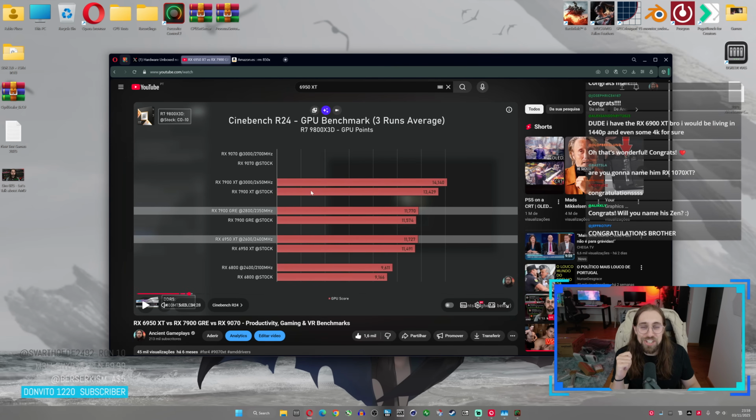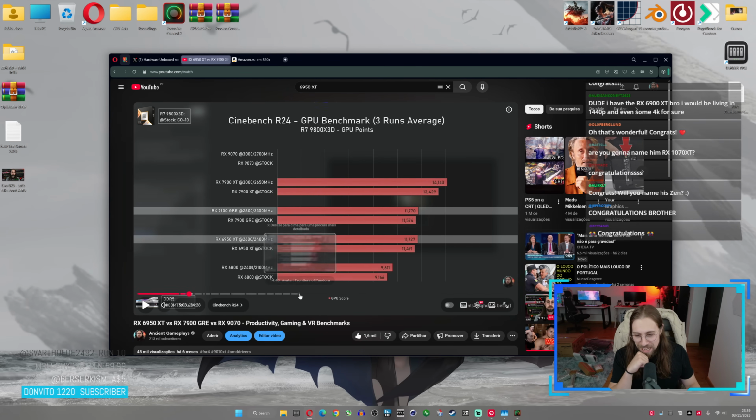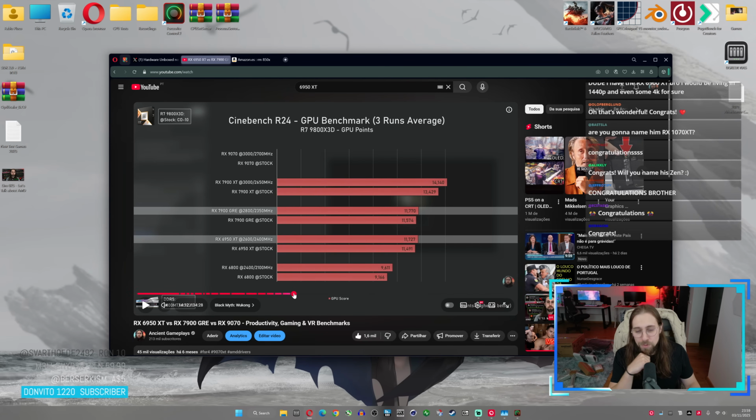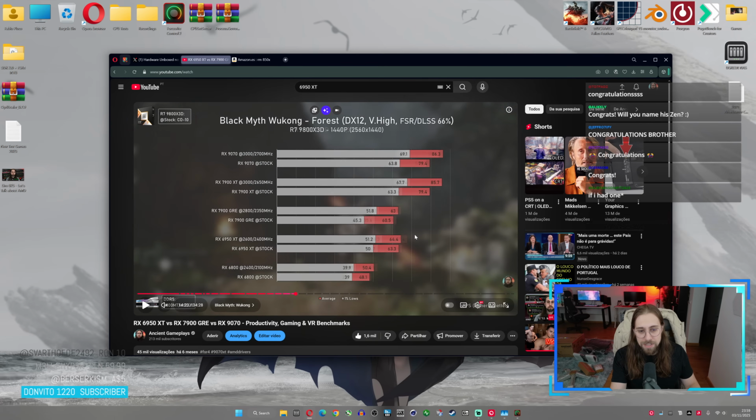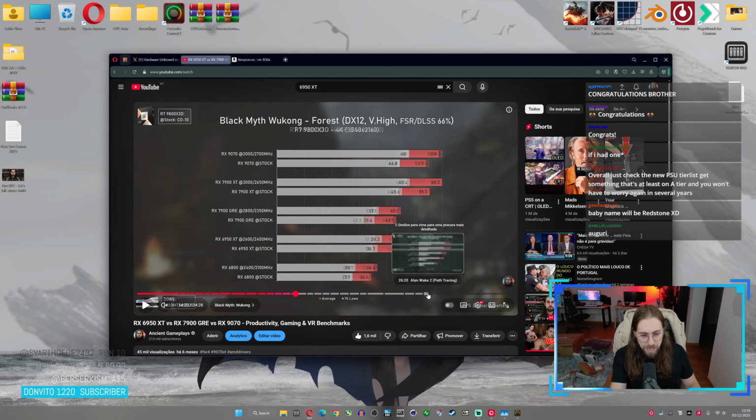It's actually a she, not a he. But yeah. So if you want to see results with the 6950 XT, and the 6950 XT is faster than your 6900 XT, even the 9070 is considerably better. For example, in Black Myth Wukong, if we go to higher resolutions, or we can go to the averages immediately. So let's see the averages.